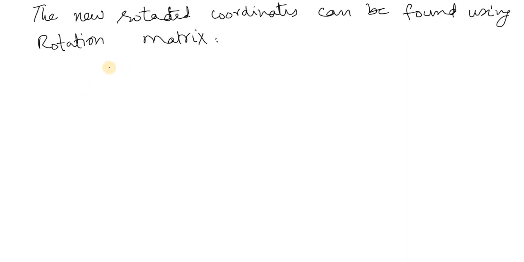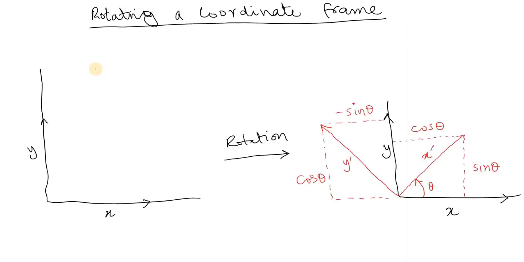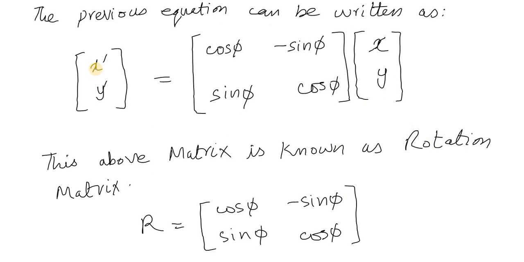We already know this formula. When we rotate a vector, as we learned in the previous slide, we can use this rotation matrix to find the new coordinates.